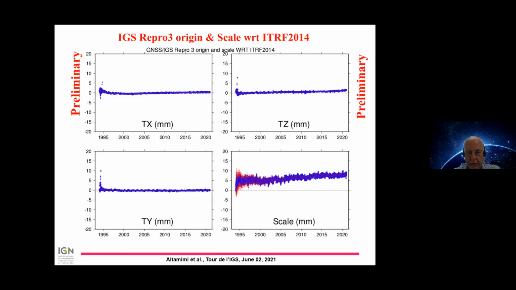Now the scale, Paul already mentioned that there is an offset. It's more than 1 ppb at epoch 2010, and there is a slight drift, and Paul already gave the answer that it is probably, and more certainly, due to the fact that we assumed constant ZPCOs.